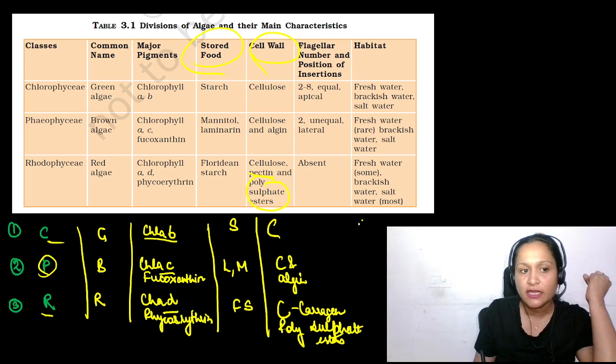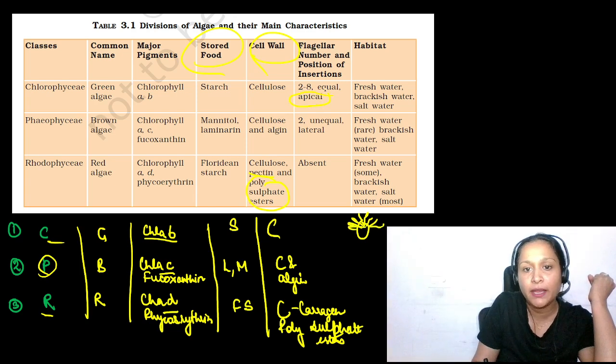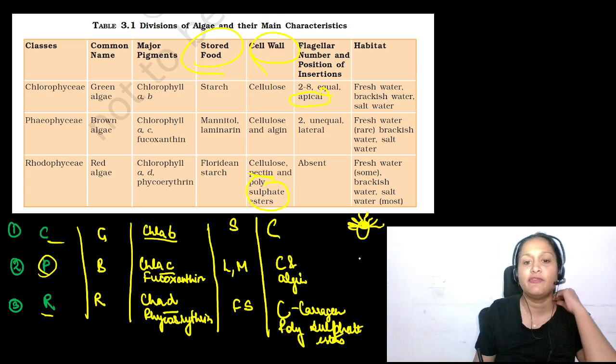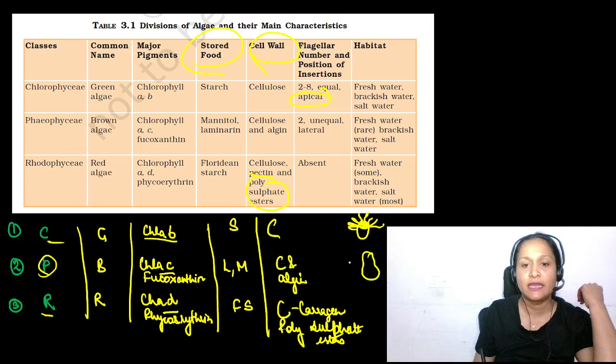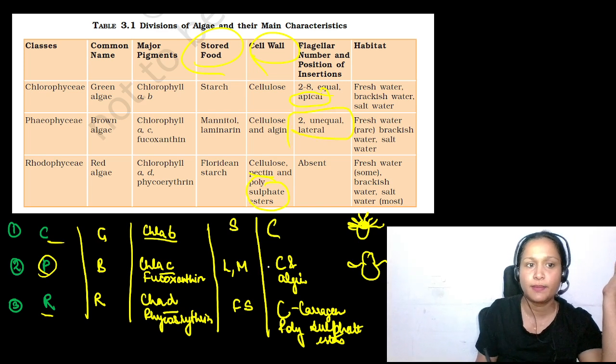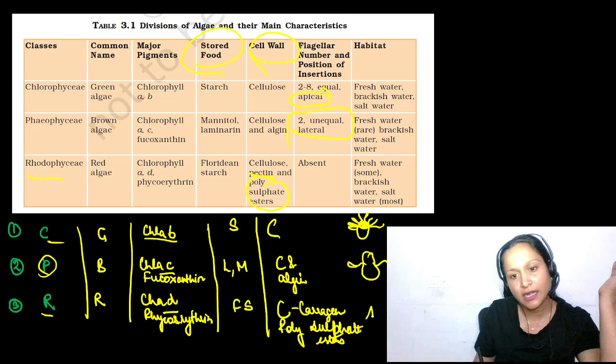Flagella. In chlorophytes, there are 2 to 8, at the apical position. In Phaeophytes, it is pear-shaped, with 2 unequal laterally attached flagella. In Rhodophytes, they are absent.